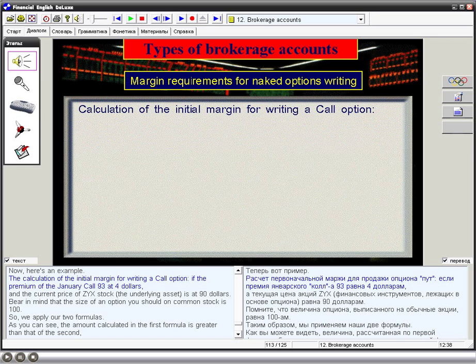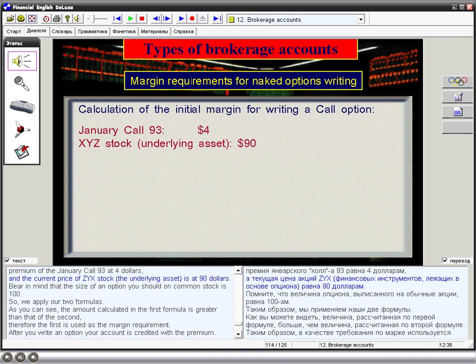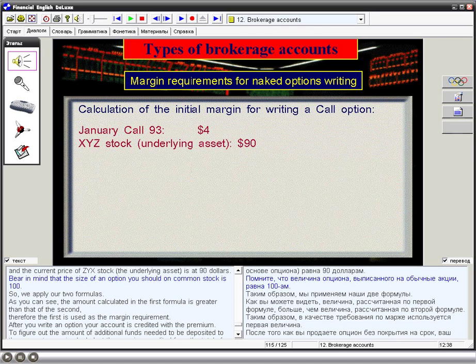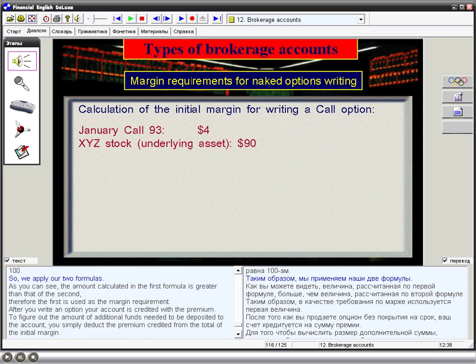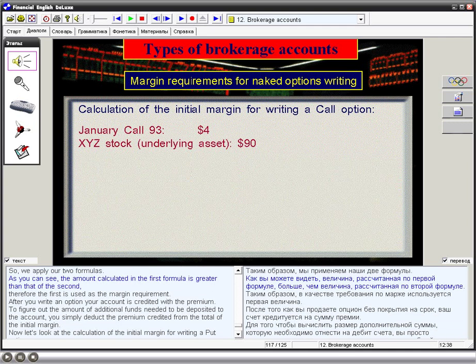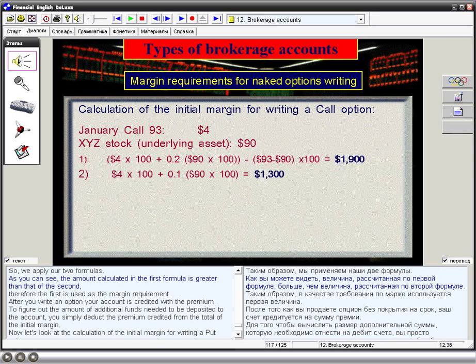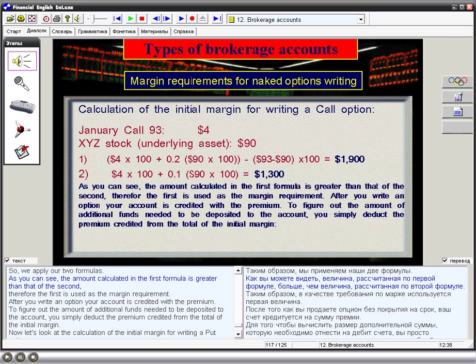So we apply our two formulas. As you can see, the amount calculated in the first formula is greater than that of the second. Therefore, the first is used as the margin requirement. After you write an option, your account is credited with the premium. To figure out the amount of additional funds needed to be deposited to the account, you simply deduct the premium credited from the total of the initial margin.